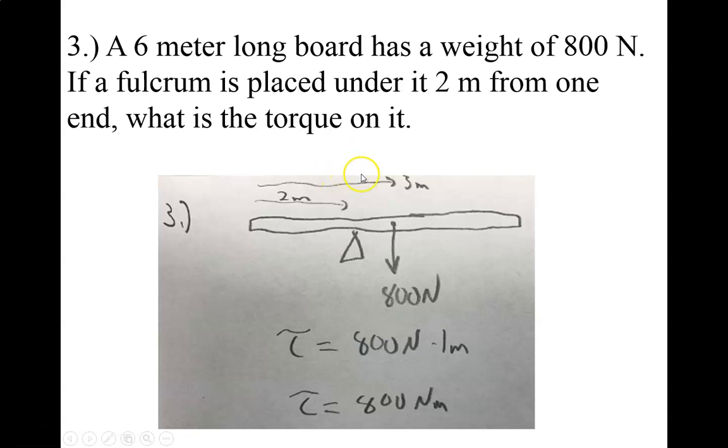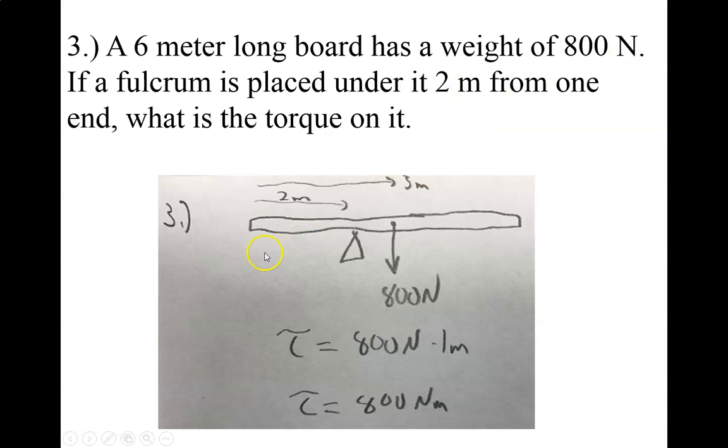So here we've got a 6 meter long board which has a weight of 800 newtons. If the fulcrum is placed 2 meters from one end, what is the torque on it? So it's very useful when you're doing these types of problems to draw a picture and label it with distances to keep yourself from getting screwed up.